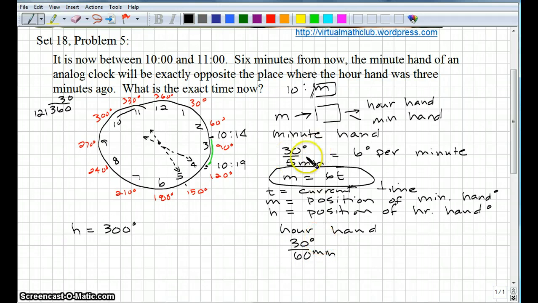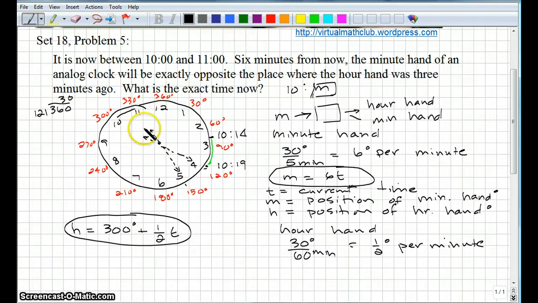Alright, so here we had the minute hand moved 30 degrees in 5 minutes, and the hour hand moves 30 degrees in 60 minutes. So that moves a half of a degree per minute. Alright? So we're starting at 300, and then for every minute that goes by we're moving half a degree. So if we write 1/2 t, half a degree per minute, then we'll get the position of the hour hand at any given minute that we're interested in. So that's the other formula we're going to work with.